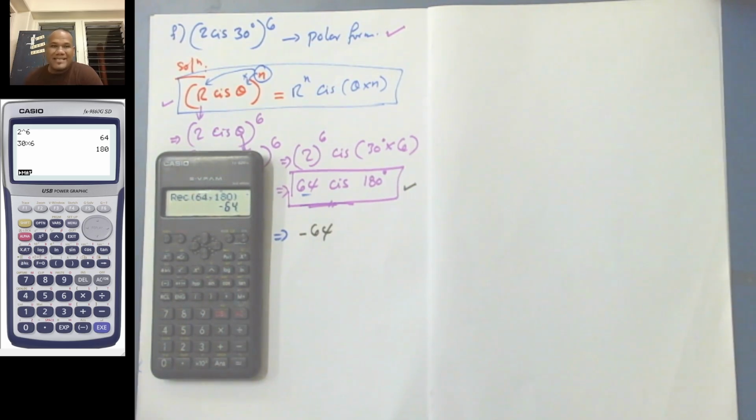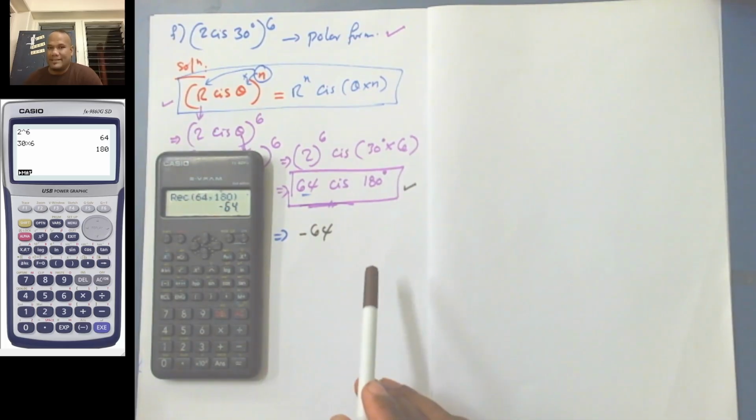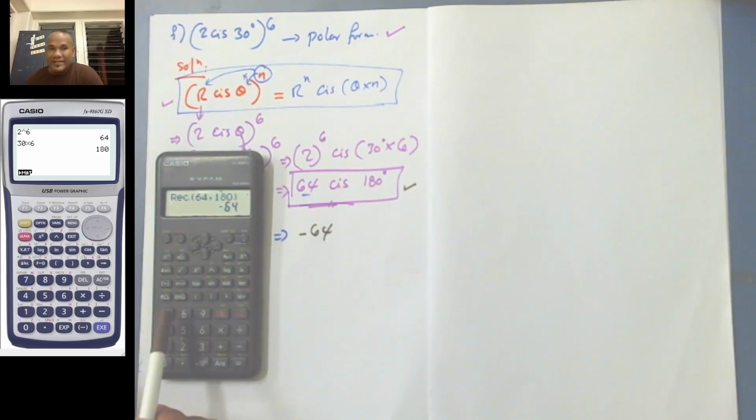So this is minus 64, that will represent our real value, because we're converting polar into rectangular. So rectangular has a real and an imaginary part. So this is our real value. So I want to find my imaginary. Same concept that I showed you in our last video. You press recall. Recall is above 7.